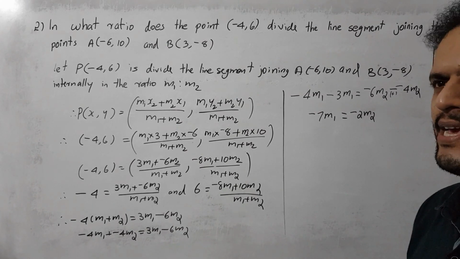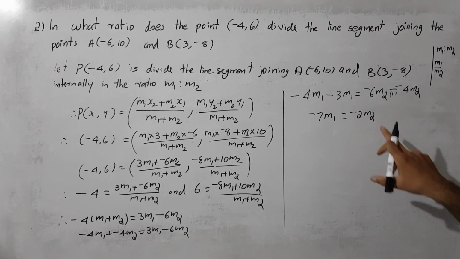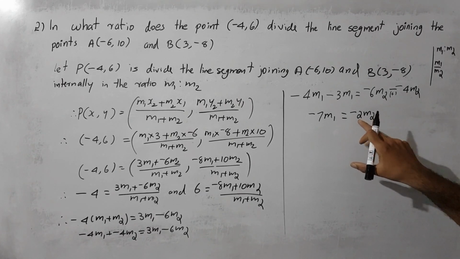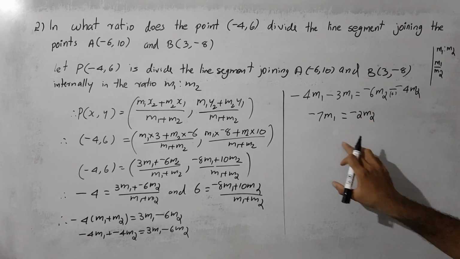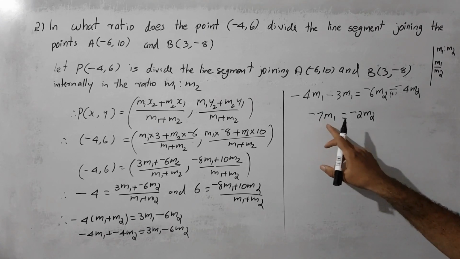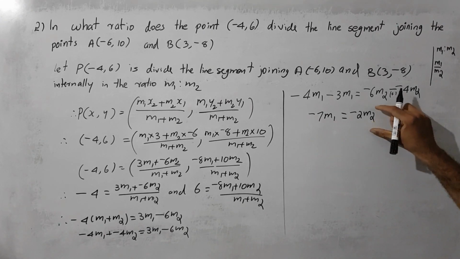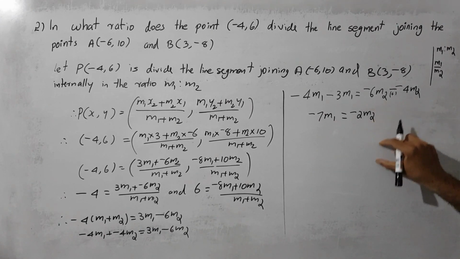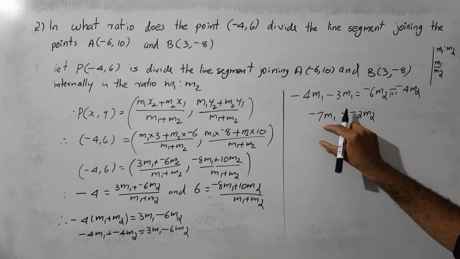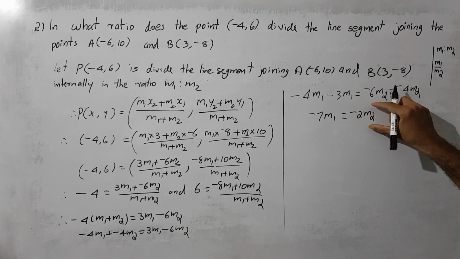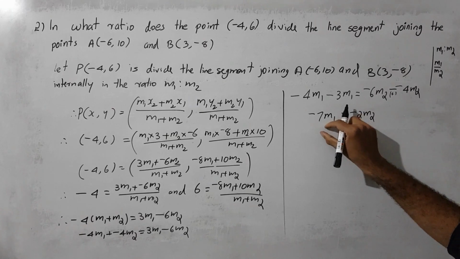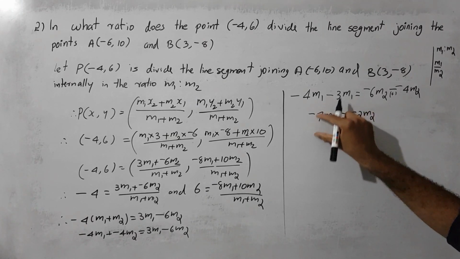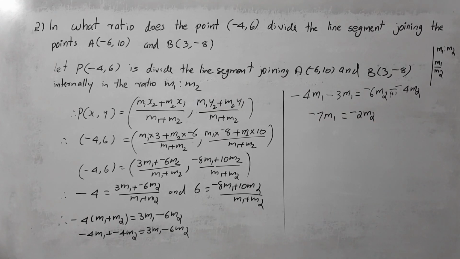So for getting m1 by m2, we transpose m2 from the RHS to the side of LHS. When we transpose m2 to the LHS, we must transpose -7 to the RHS.